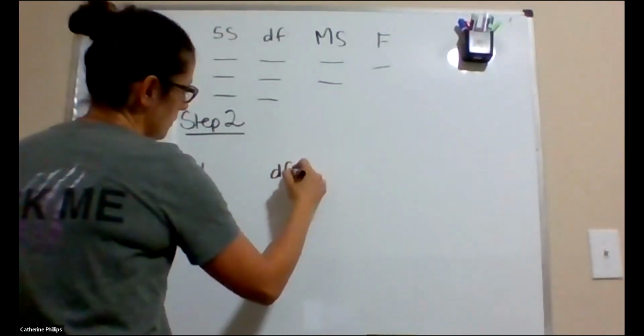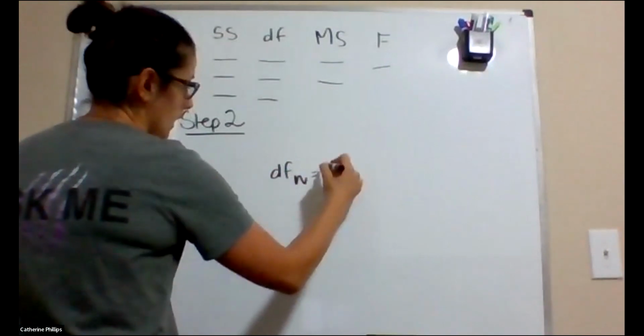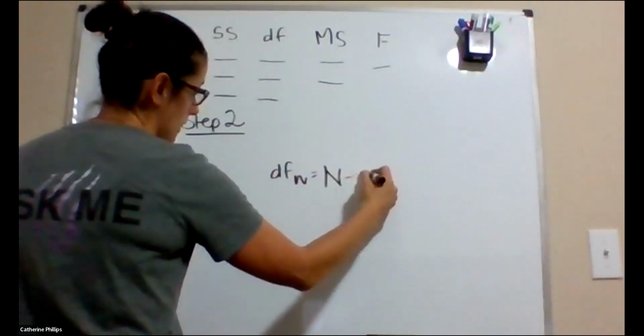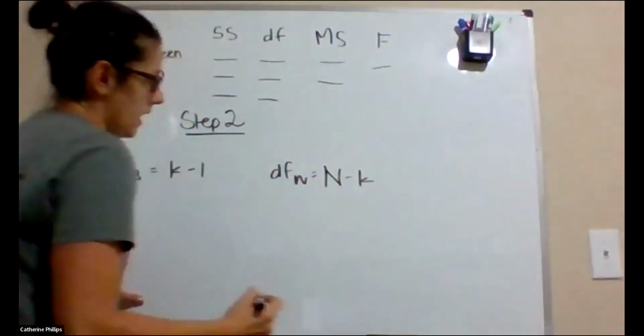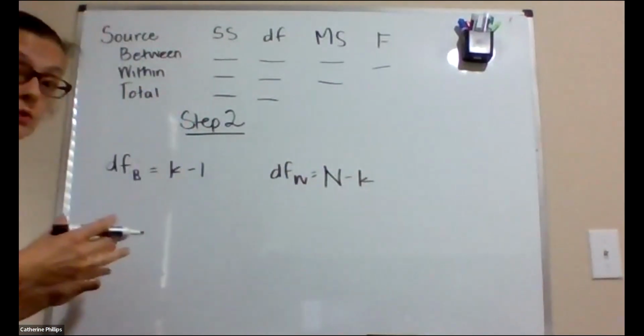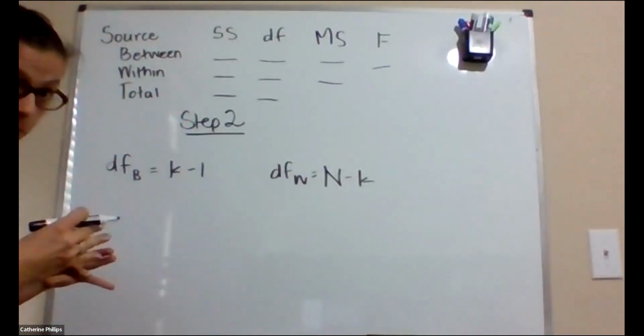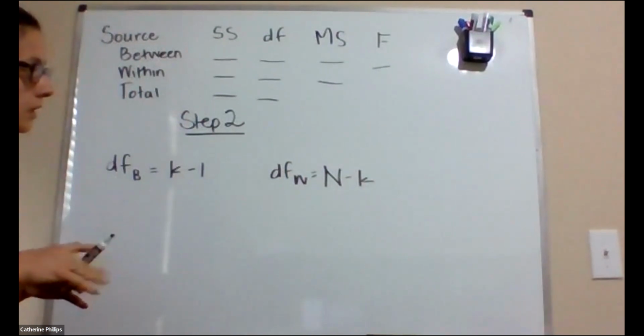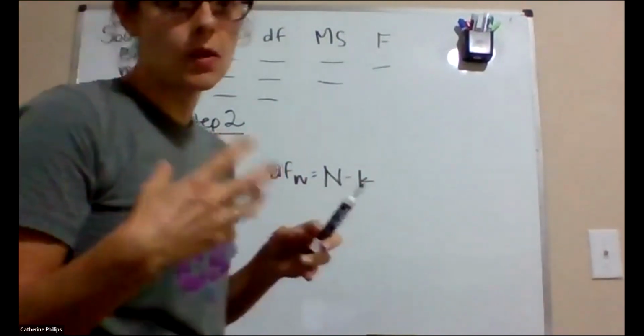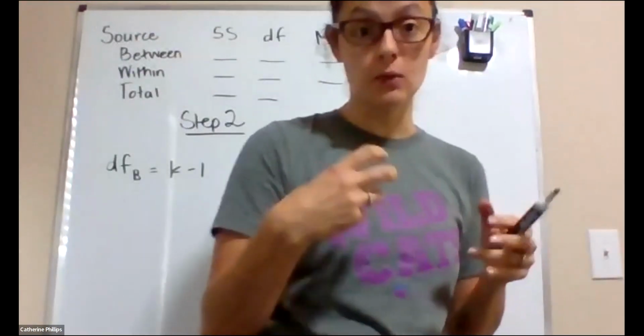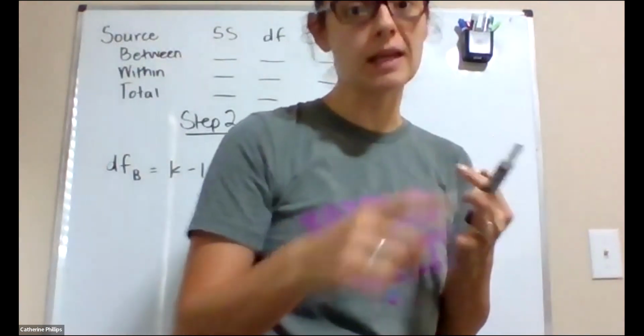Degrees of freedom within is big N minus k. Those are the 2 that we need for step 2. I'm going to go back to the question so that we can pull those numbers out. We need K and we need big N.